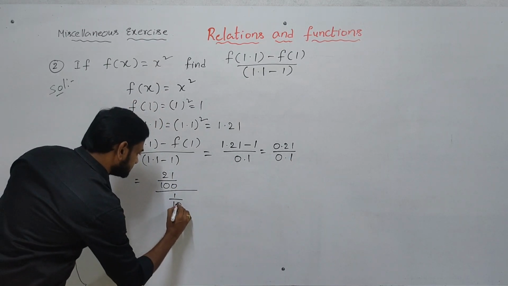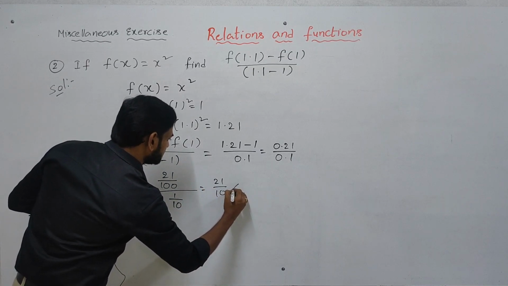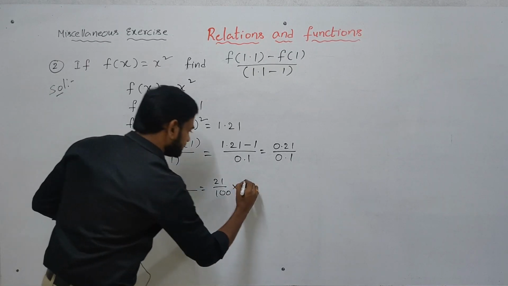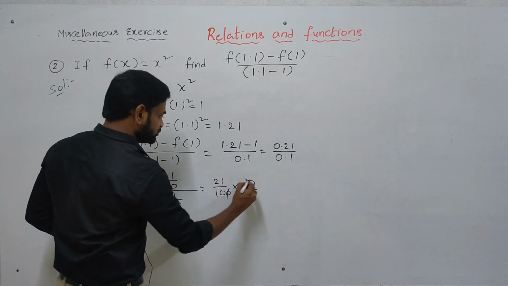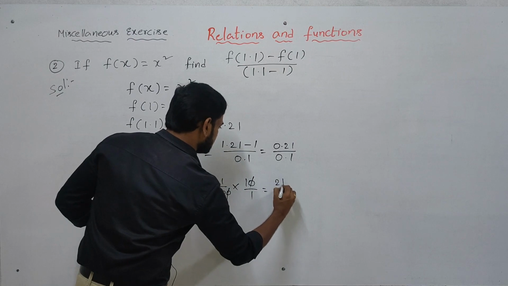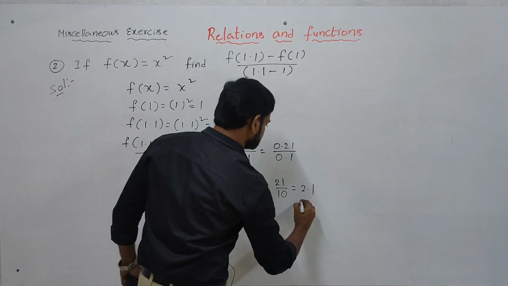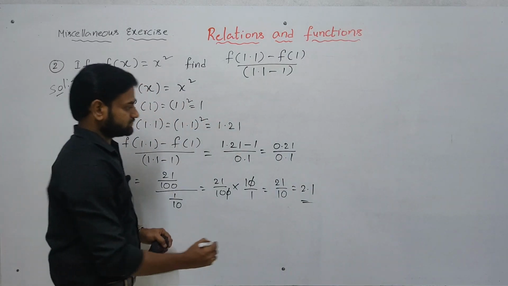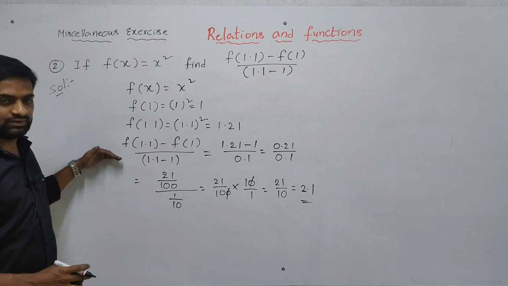So it is 21 by 100 reversed, that is 10 by 1. So 0, 0 you cancel, that is 21 by 10, that is 2.1. That is the answer. That is the value of this one.